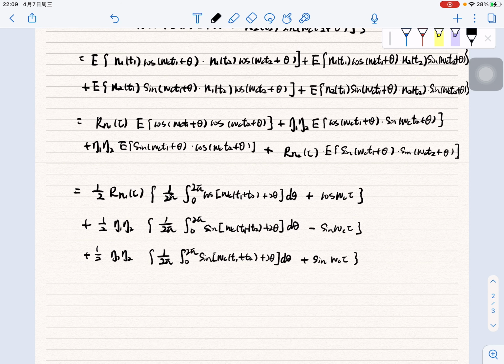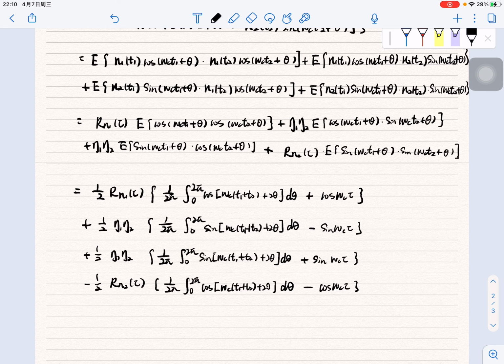The last term is minus 1/2 Rn2 multiplied by 1 over 2 pi, the integration of d theta from 0 to 2 pi, of cosine omega c (t1 plus t2) plus 2 theta, minus cosine omega c tau.